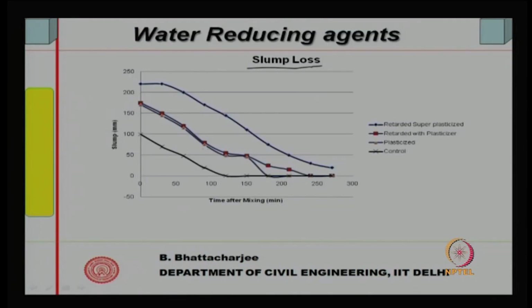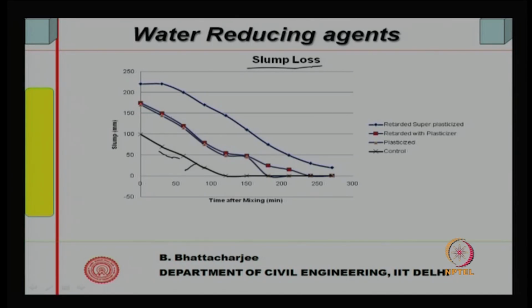So, setting time of the concrete here is important, and supposing you have control, this is your control concrete without anything. Here is a slump, and this slump became practically 0 after, let us say, some time, say 100 minutes after mixing.